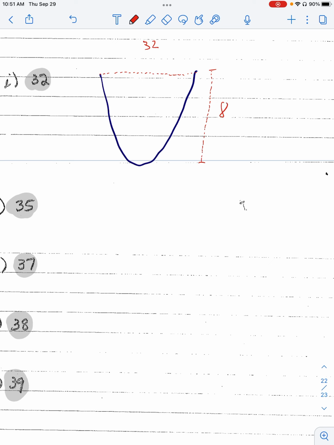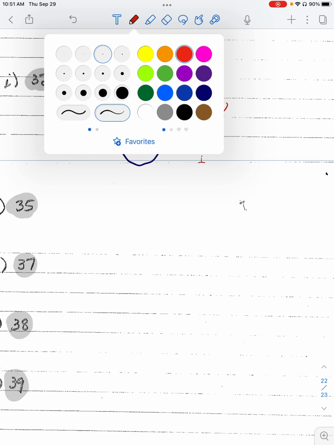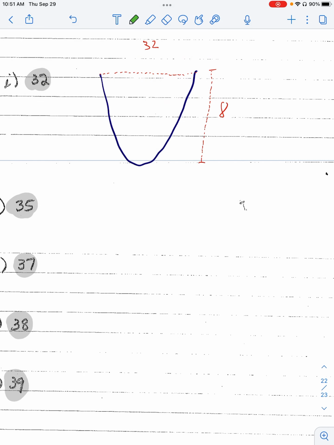Okay, and what they're saying is, let's use green, we want to fit a cylinder inside my parabola with an 8-inch radius such that the top is flush with this red dotted line here. So let's draw that.